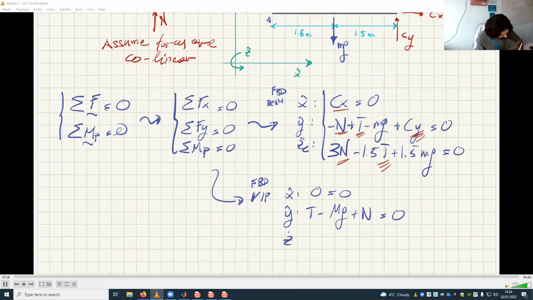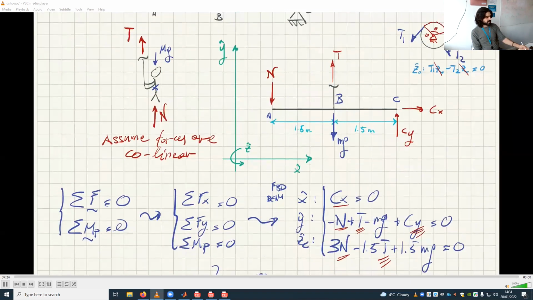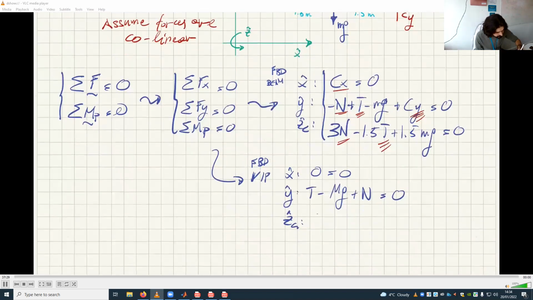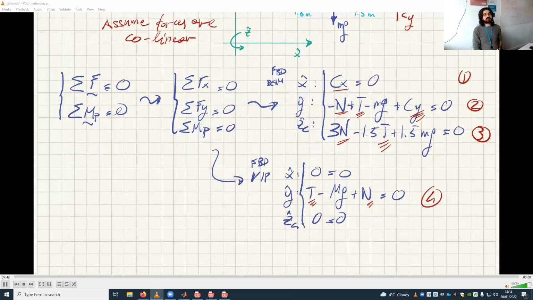And then on the z axis, let's do it around the center of gravity of the man. We assume that these forces are collinear, so nothing is happening there either. So now we have 4 equations in the 4 unknowns.